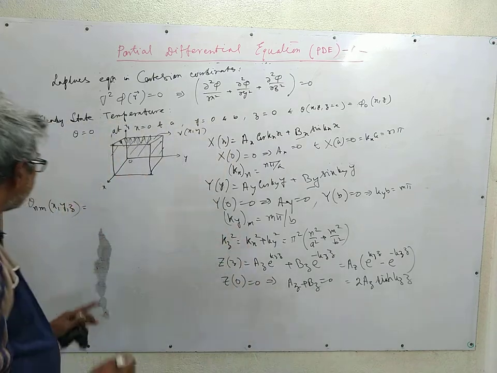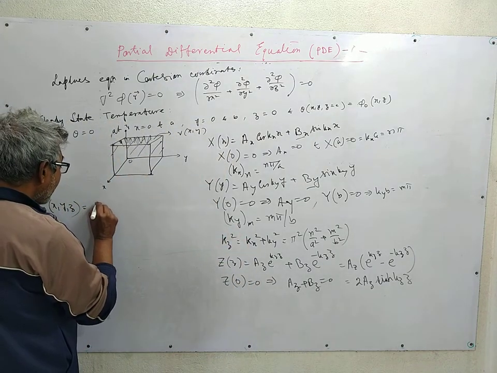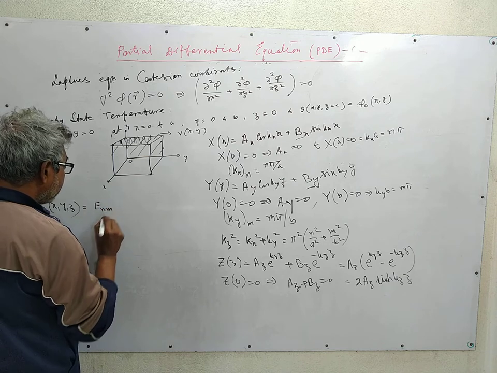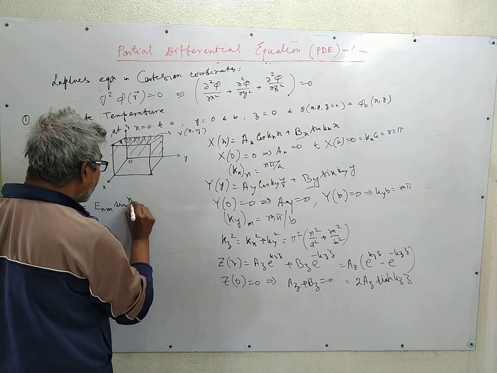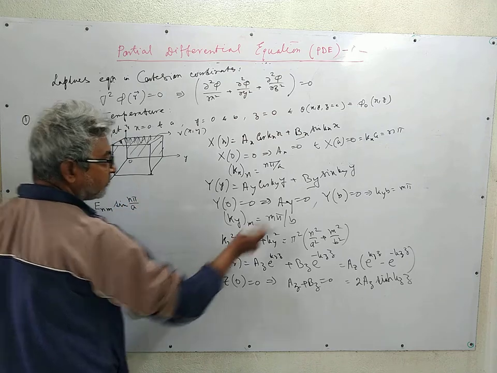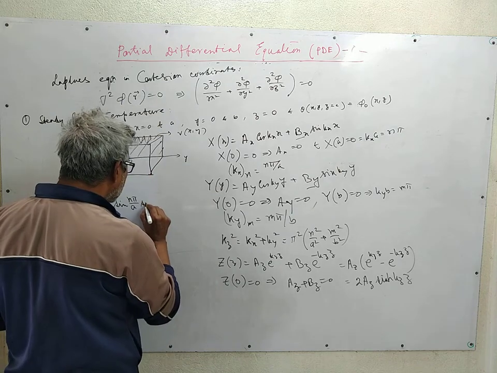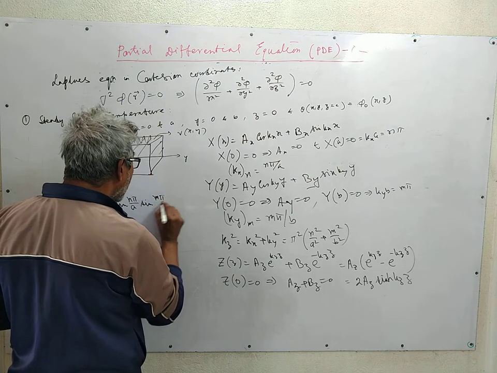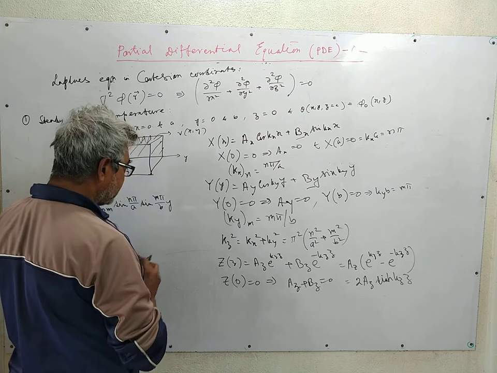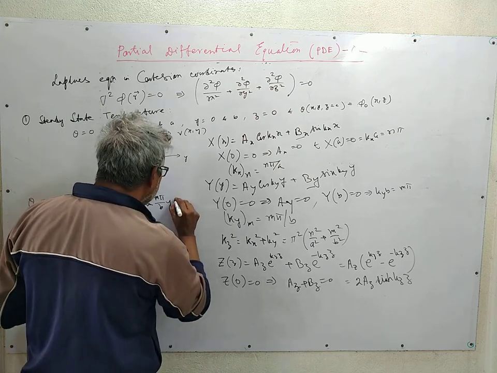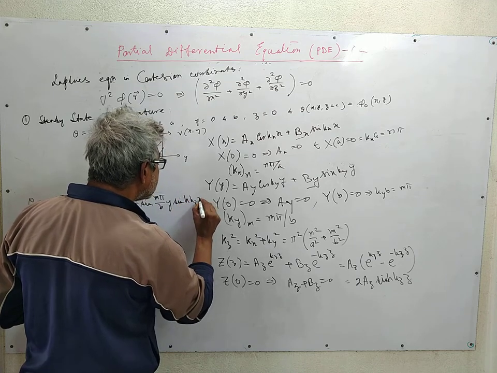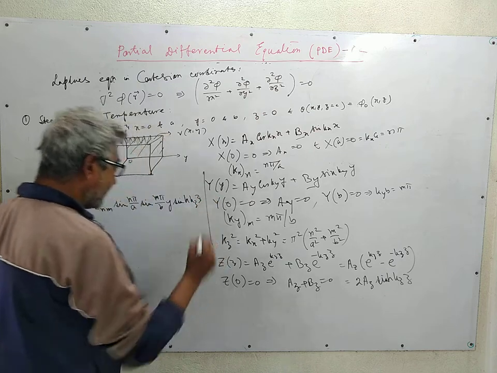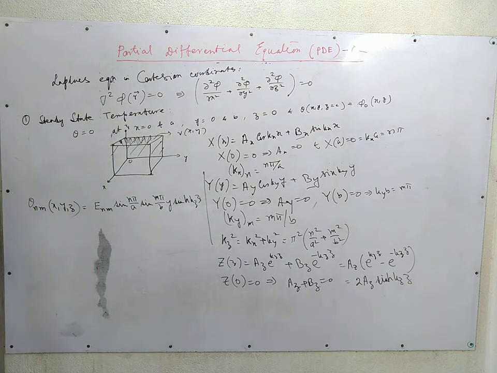We combine this solution as E n m, then we have sine of n pi x by a from the x solution, sine of m pi y by b from the y solution, and sine hyperbolic kz z from the z direction. This solution is valid for all n and m from 0 onwards.